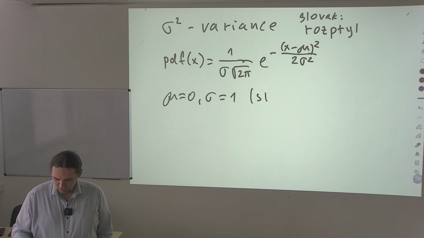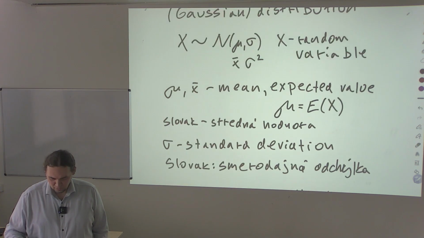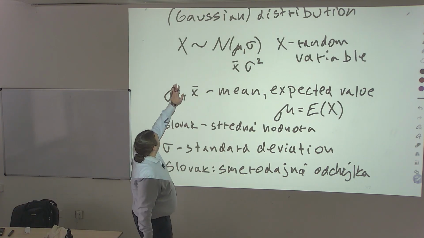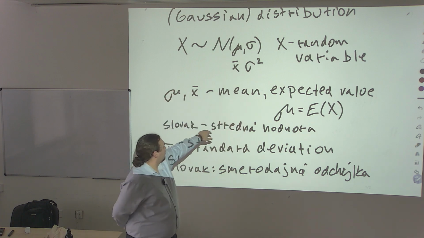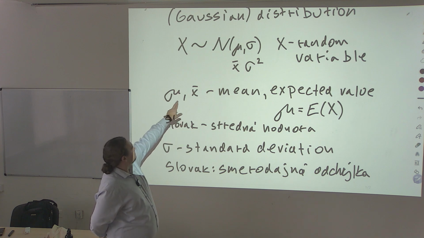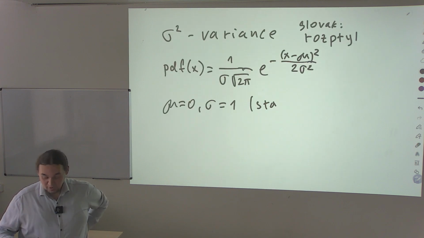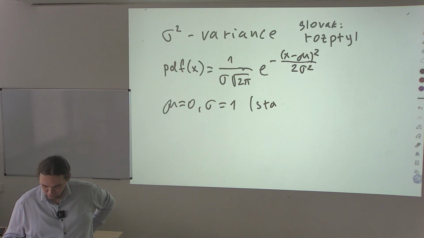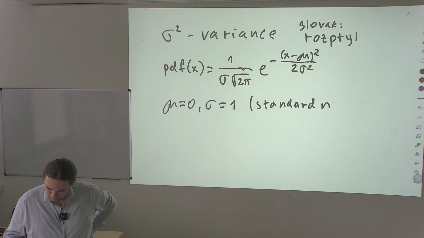Somebody would call this situation, if we have these two parameters, if we, for example, now write that our temperature measurement in the room obeys Gaussian, normal distribution with mean 0 and standard deviation 1, then we are talking about the standard Gaussian distribution or standard normal distribution.